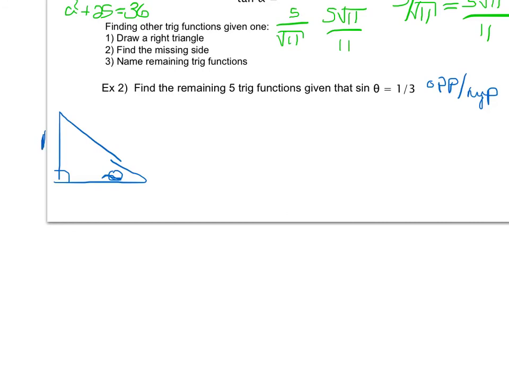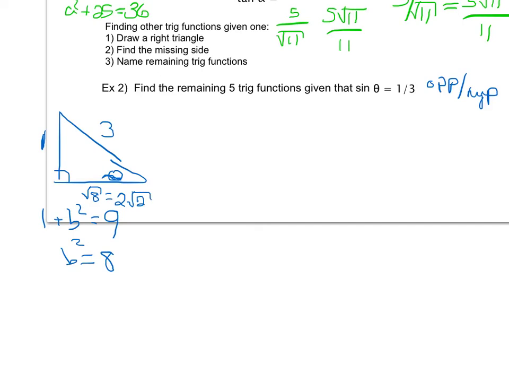That'll be 1. My hypotenuse will be 3. And then using the Pythagorean theorem, a squared plus b squared equals c squared, which tells me that b squared is going to be 8. So I'm going to have radical 8, which I know has a perfect square in it, so I'm going to change that to be 2 radical 2.